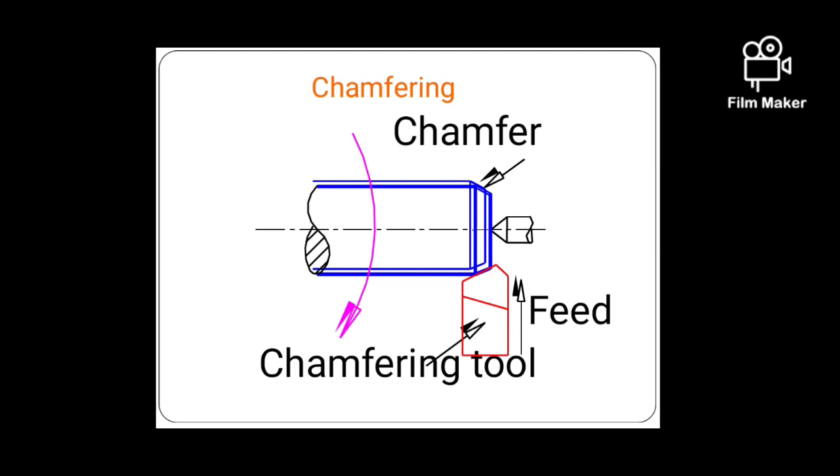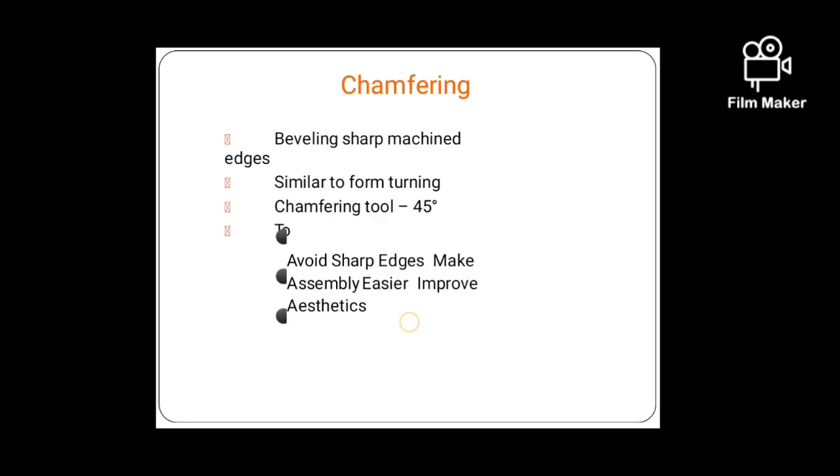Chamfering: a chamfer is made at one end of the workpiece. The chamfering tool feed, based on this figure, goes from upward to downward. Chamfering leaves a sharp machined edge that it eliminates or reduces.